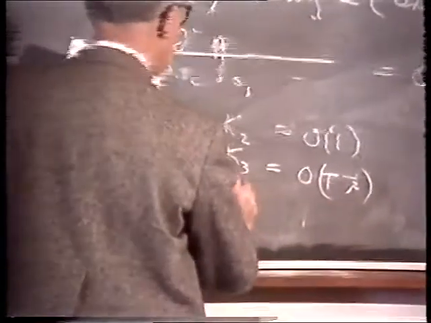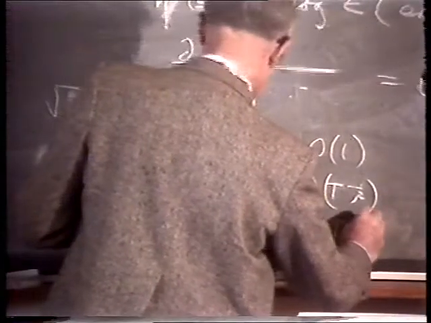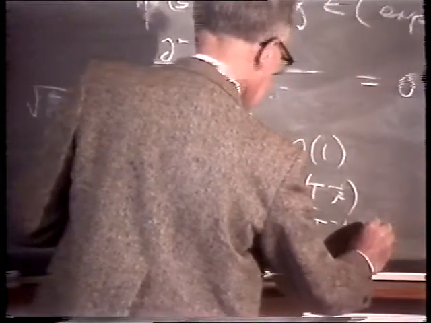So in fact kappa r is O(T to the minus a half, r minus 2).